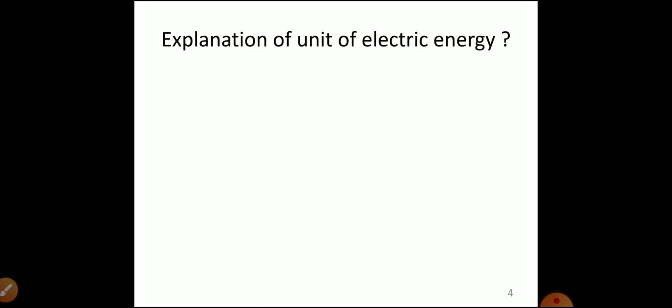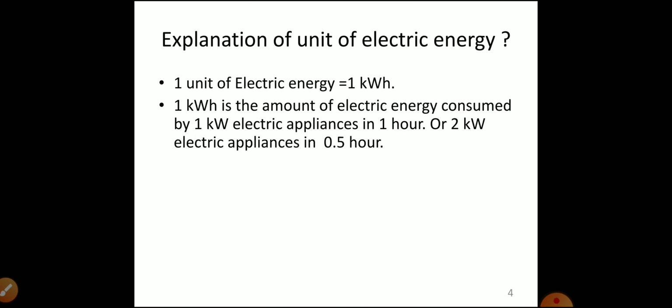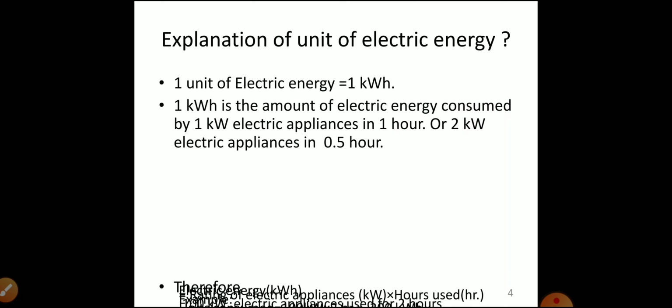Now I will explain how to measure 1 unit of electrical energy. 1 kWh is the amount of electrical energy consumed by a 1 kilowatt electrical appliance in 1 hour, or it could be a 2 kilowatt electrical appliance in 0.5 hours.